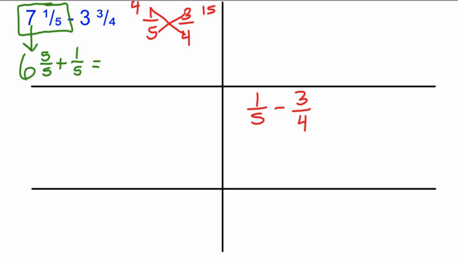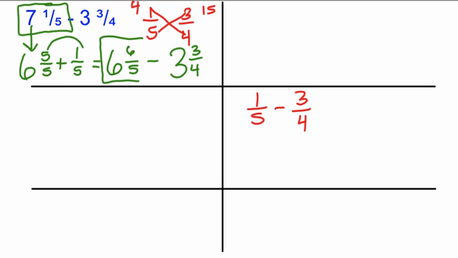So our new number is going to be 6 6/5. And now our new problem is 6 6/5 minus 3 3/4. So I'm just going to box this so that you guys can see this is our new problem that we're going to solve. 6 6/5 minus 3 3/4.